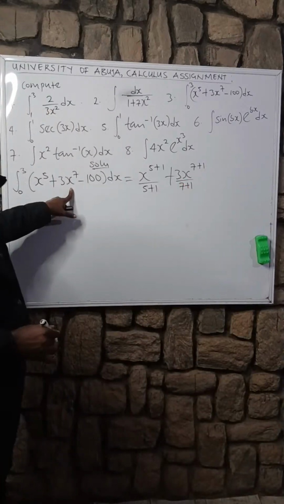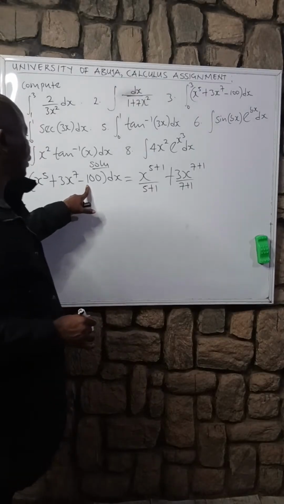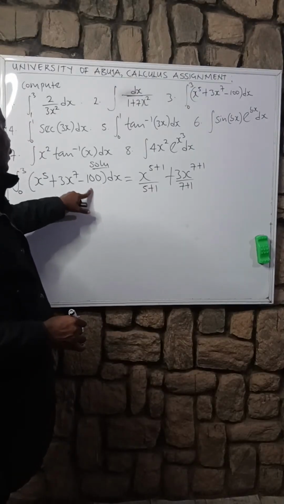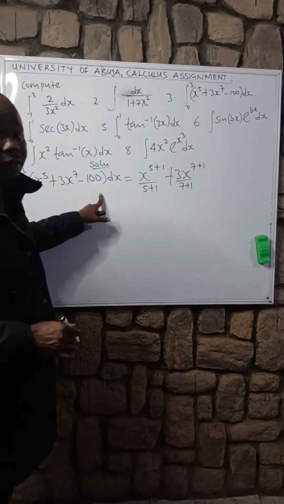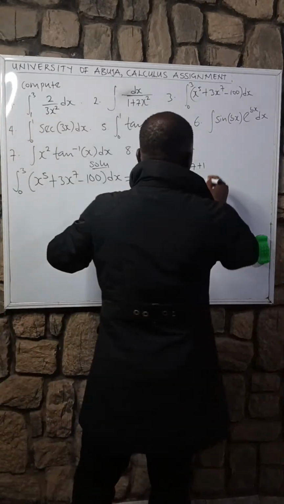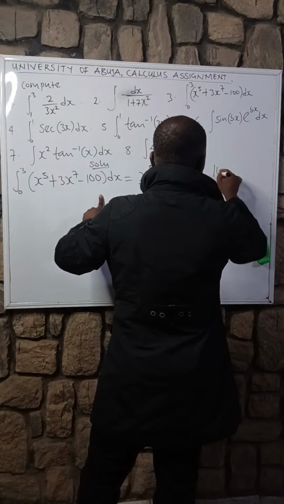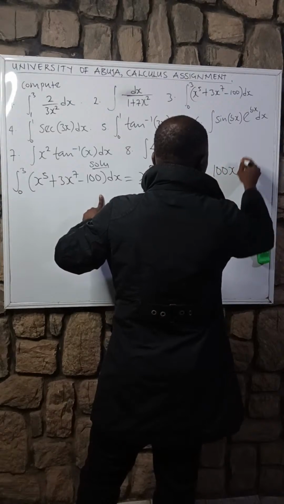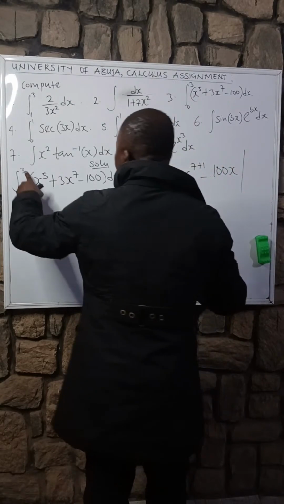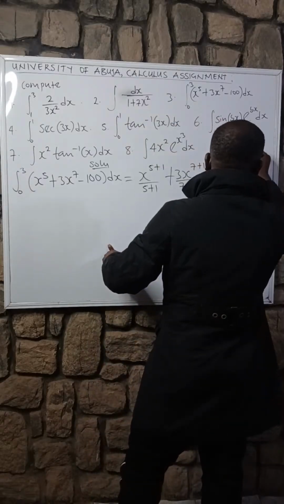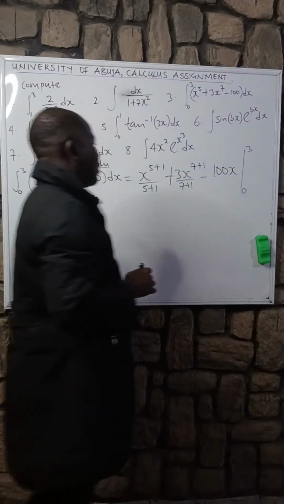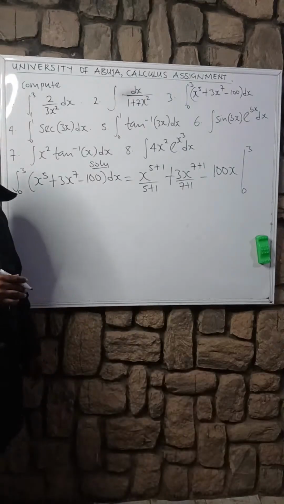Then here, 100, if you integrate 100, you have 100x. So here will be minus 100x at 0 to 3. Are you seeing now?